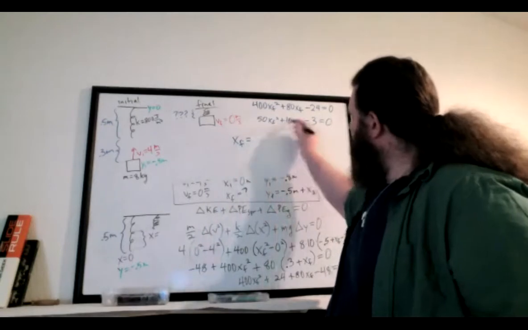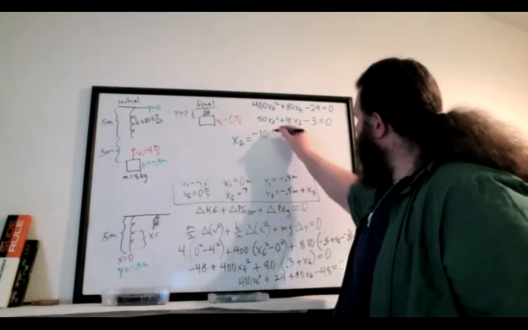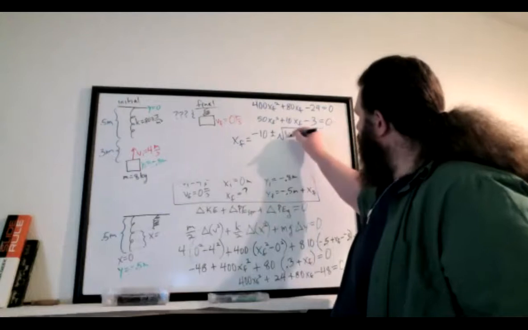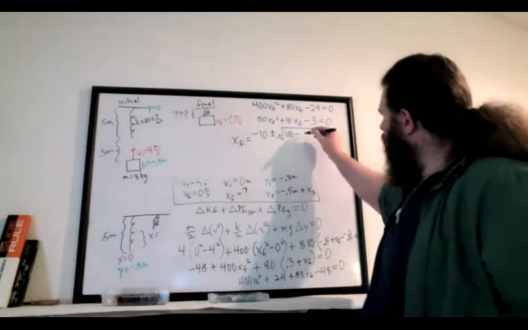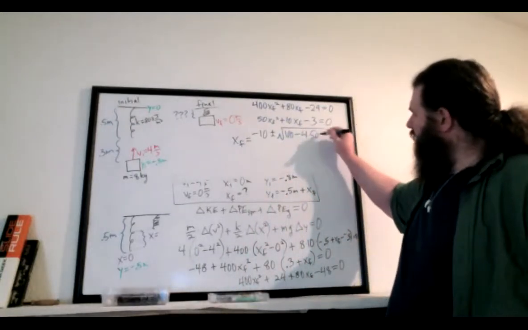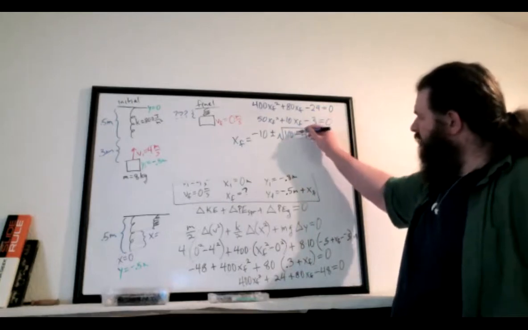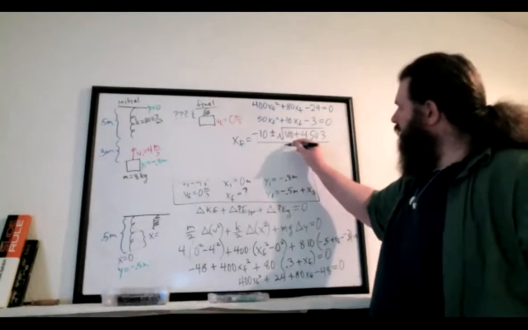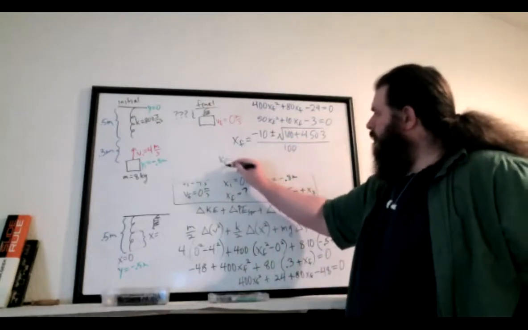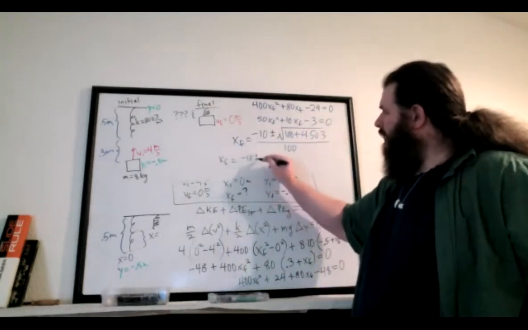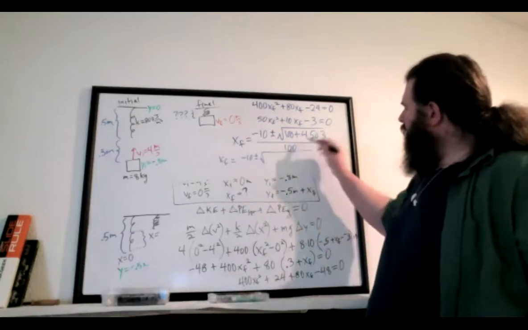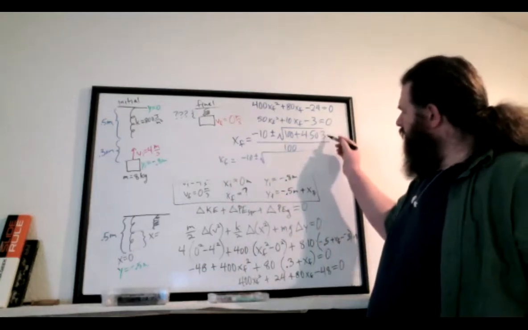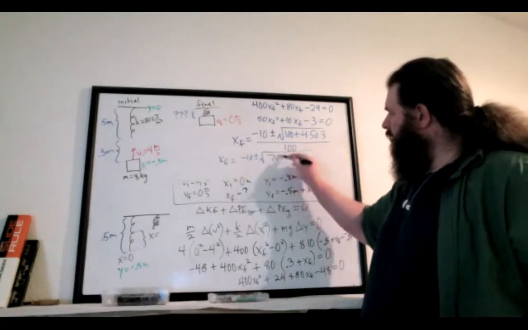We're going to have negative b plus or minus square root of b squared minus 4 times a times c. c is negative, so that just makes this plus. All divided by 2a. So negative 10 plus or minus square root of, that's 200, 3 is 600, so 700.